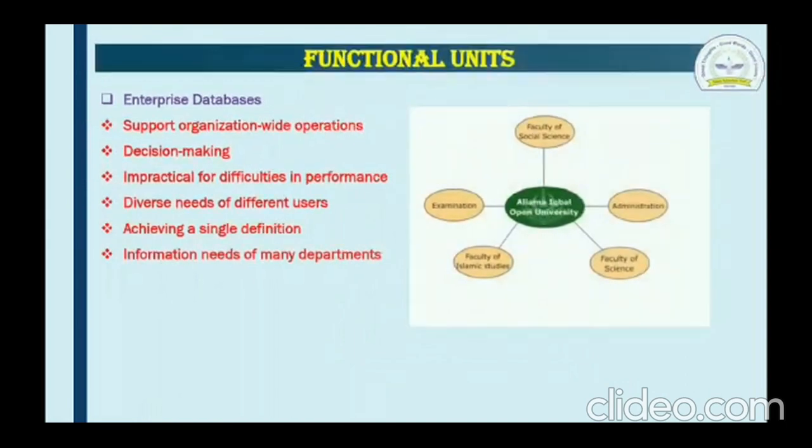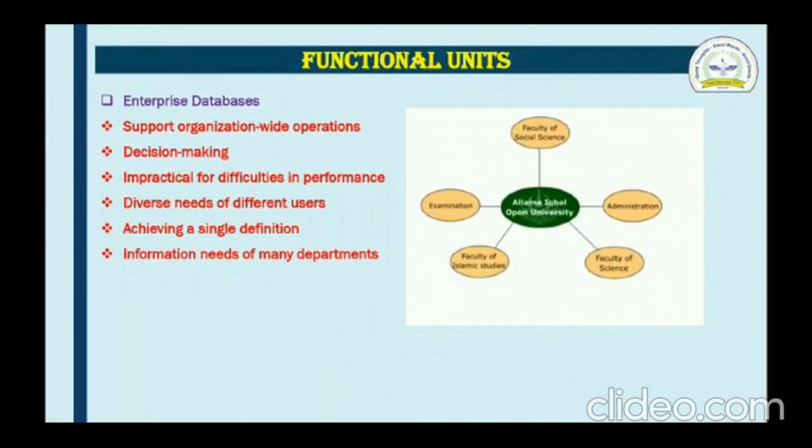Enterprise database. An enterprise database is one whose scope is the entire organization or at least many different departments. Such databases are intended to support organization-wide operations and decision making.